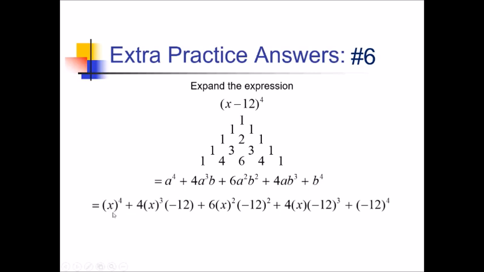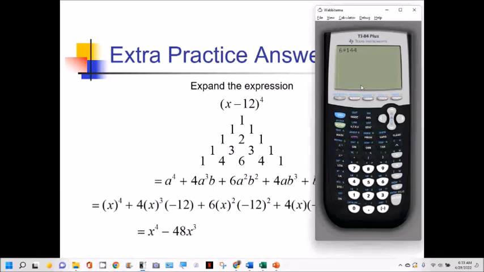All right, so we've got x to the fourth, and let's see here, 4 times negative 12, that's negative 48 with an x cubed. Negative 12 squared is 144, but I'm not sure what 6 times that is, so let me go to the calculator. So 6 times 144 gives me 864, and it looks like that's going to be positive because I had an even exponent on that negative there.